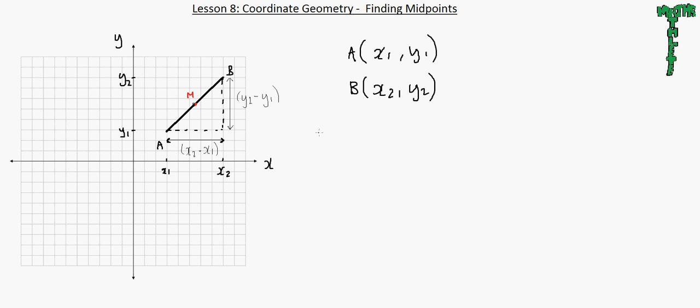So to get to midpoint M, you would have to do half of x2 minus x1, plus where you already started from.